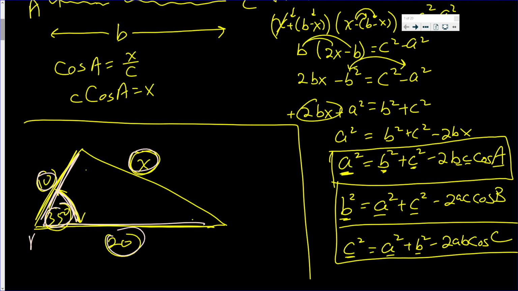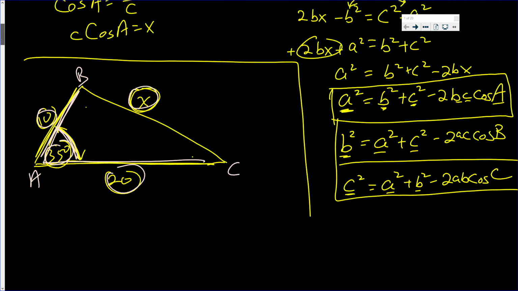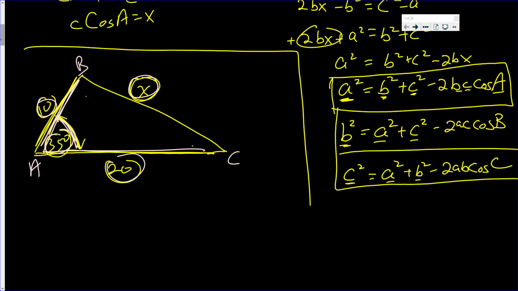Let us label this A, B, C. And we want the angle to be big A. So that tells me that little a squared is equal to the sum of the squares of the other letters minus 2 times BC times cosine, not of little a, but big A. Well, I'm given everything.